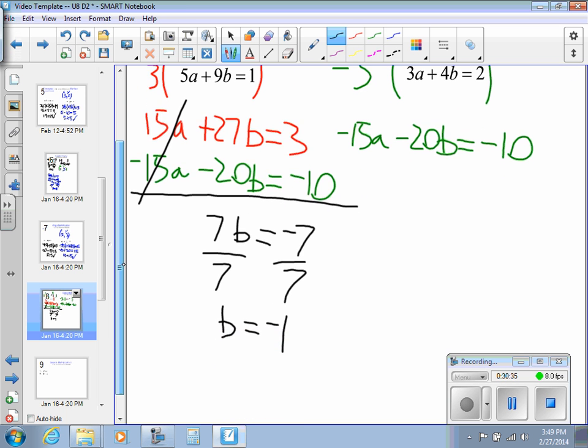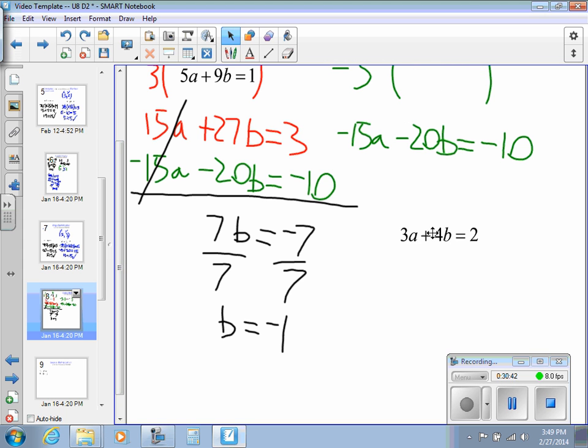So again, I will use one of these equations, whichever one is easier to work with. I think I'll grab this one. In many cases, it doesn't really matter which equation, but sometimes one is obviously easier than the other.